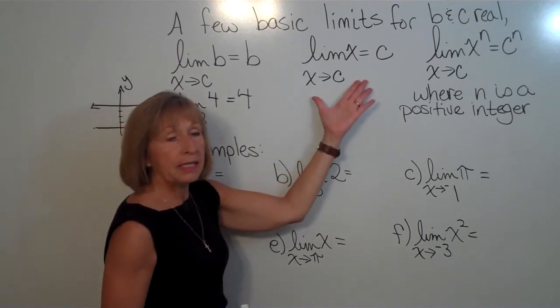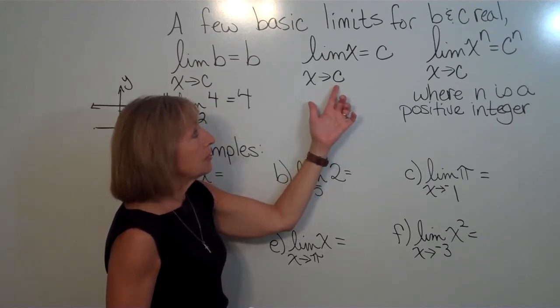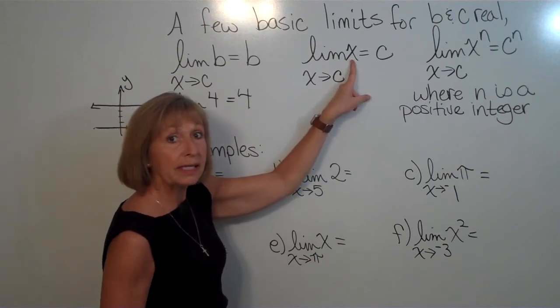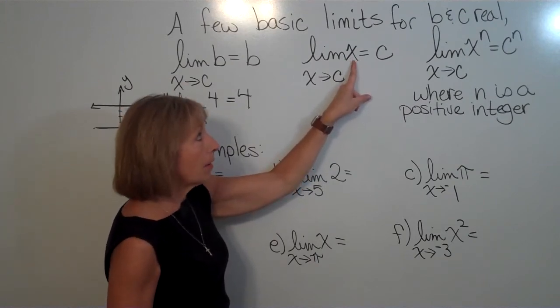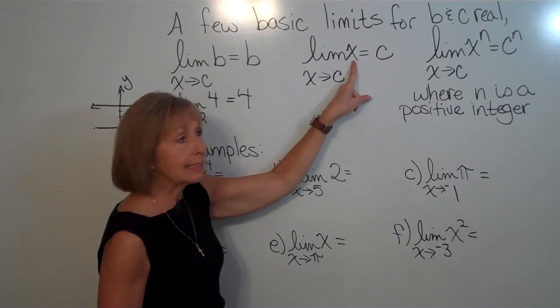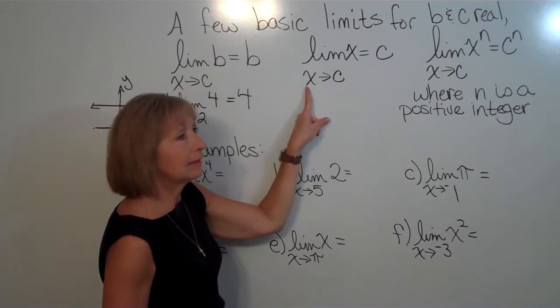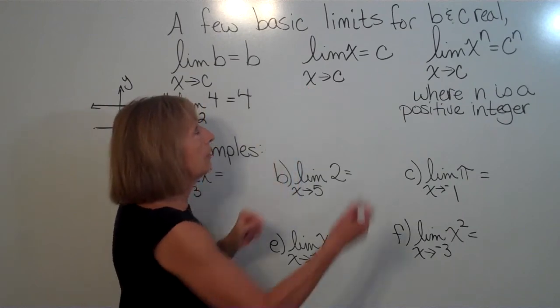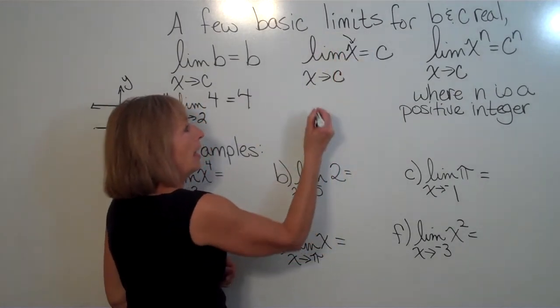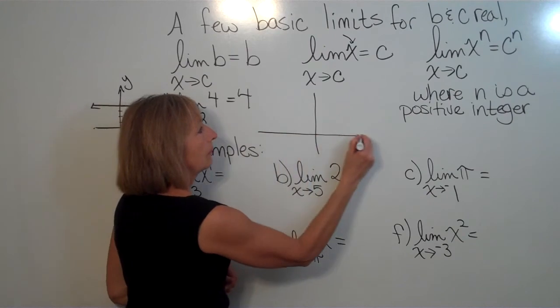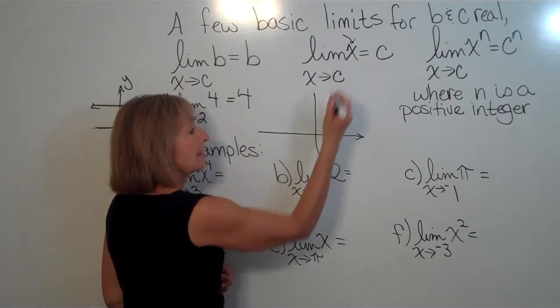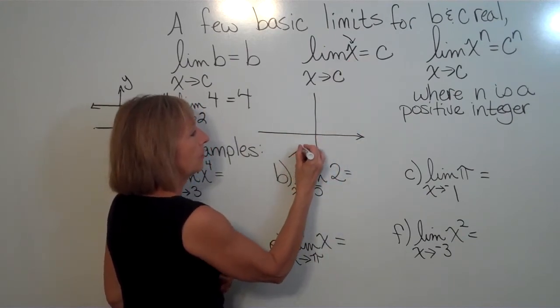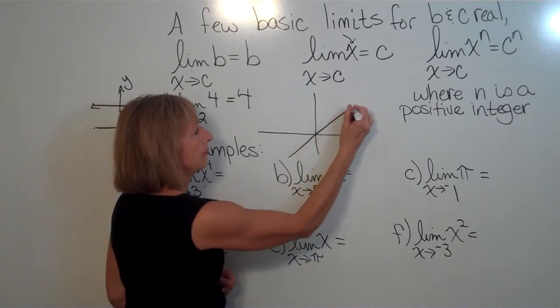Now, the next one is the limit as x approaches c of x. So notice here, this part of the notation that it's acting on matches the letter of the limiting process. Now, when I graph my function y equal x, well, y equal x is a line through the origin with a slope of 1.